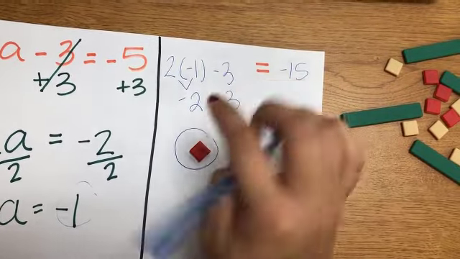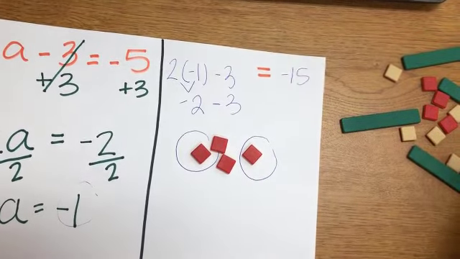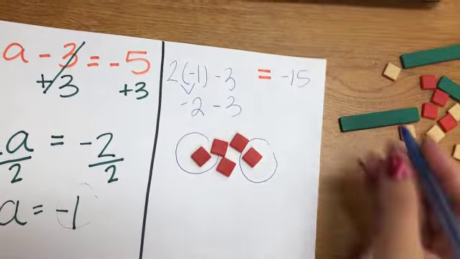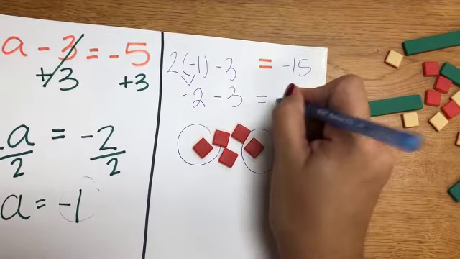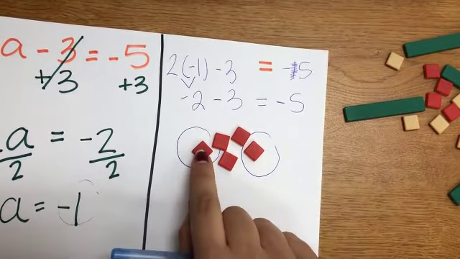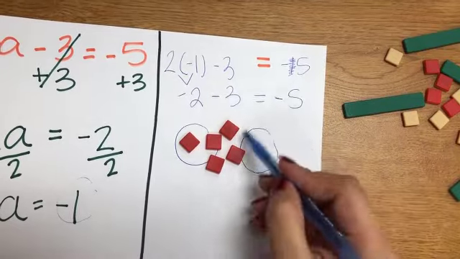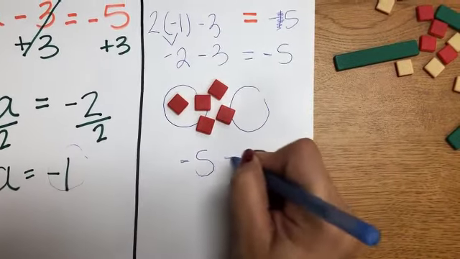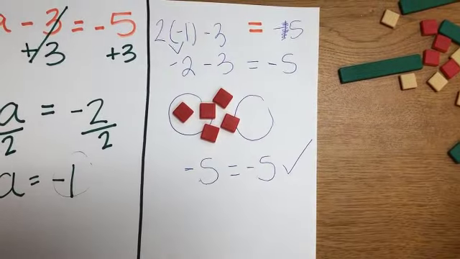And I want to subtract 3. So I have 1, 2, 3. And that should equal -5. So if I have 1, 2, 3, and another 2 negative, I do have -5. And I know that -5 is equal to -5, so this answer is correct.